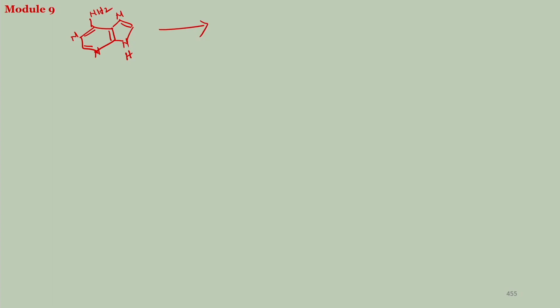So, first thing again you can use the Ph CH2O COCl, pyridine to protect the amine.